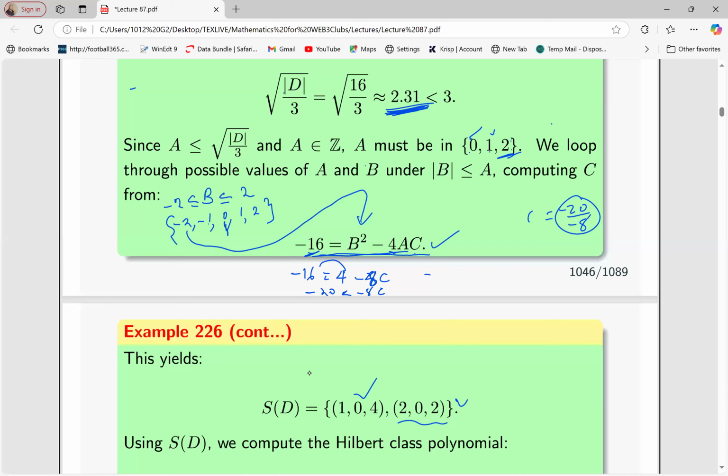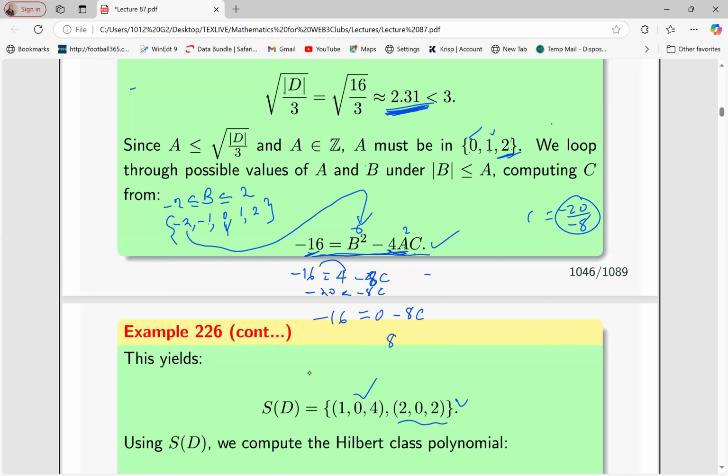Let's consider 0. Remember that our A is 2 this time, and we're considering B to be 0. So that would be negative 16 is 0 squared, which is 0, minus 4 times A, which is 8C.